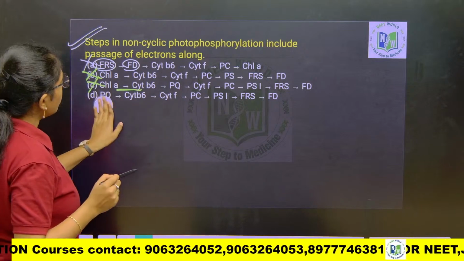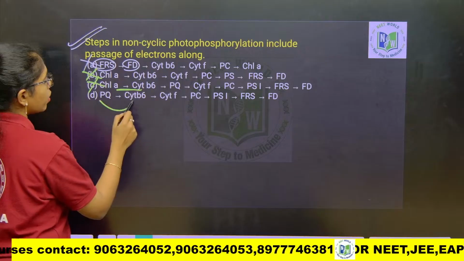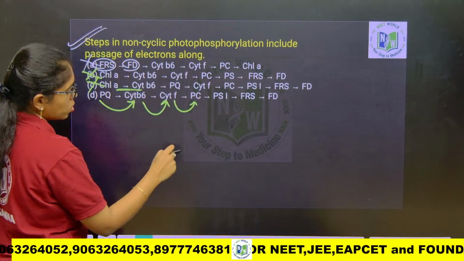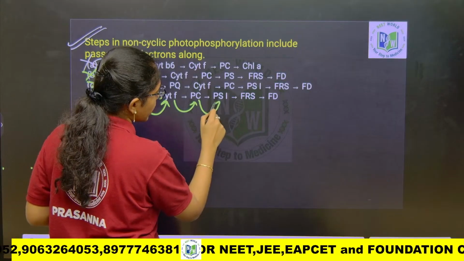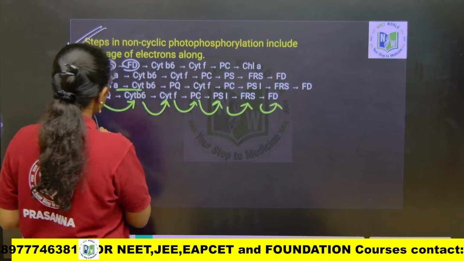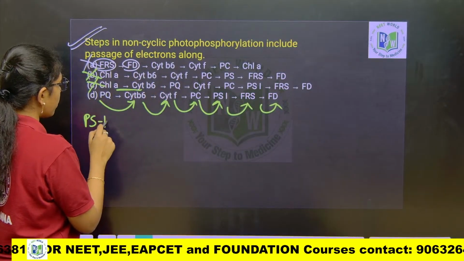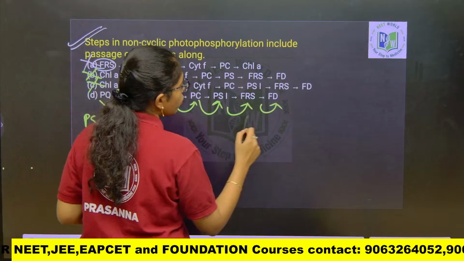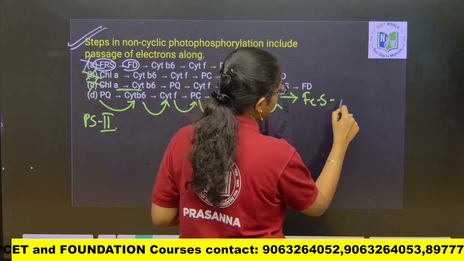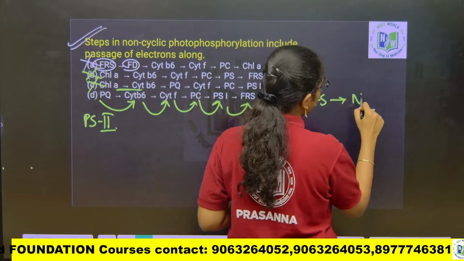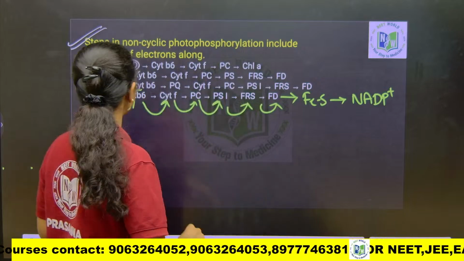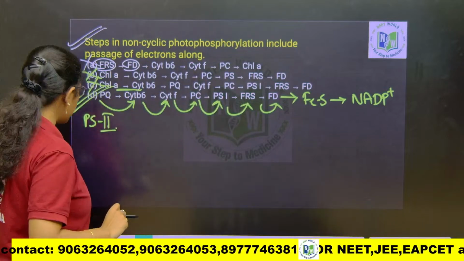This you see, plastoquinone to cytochrome B6, then cytochrome F, then plastocyanin, and from plastocyanin to PS1, FRS, ferredoxin. Clear, right? So, there is a clear flow from photosystem 2 to photosystem 1. After ferredoxin, it will be ferrous sulfur complex, and then the ultimate electron acceptor will be NADP plus. So, here what will be the answer? Option D will be the answer.